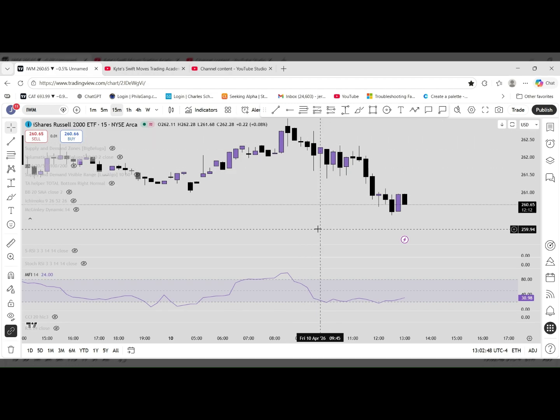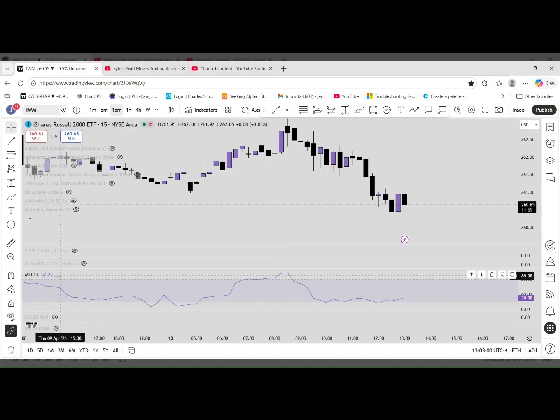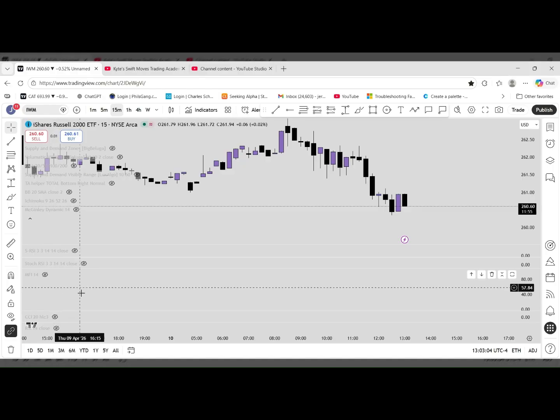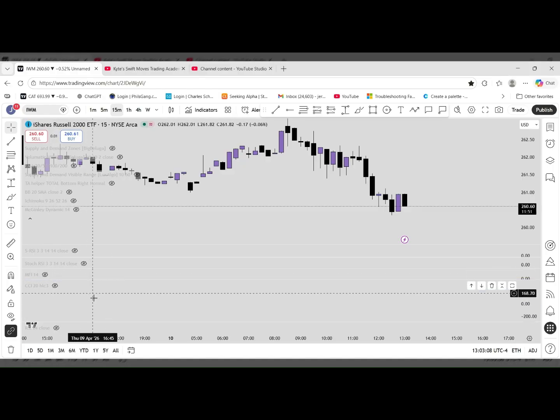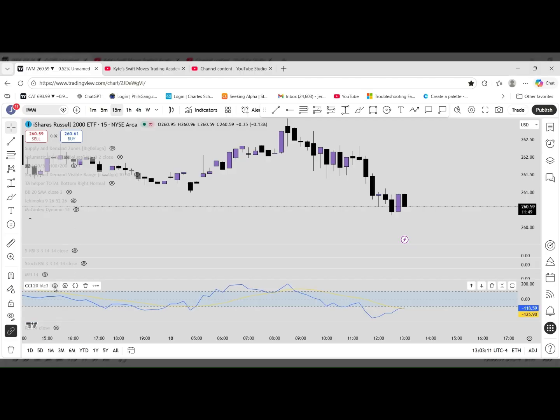Again, you get confirmation. You're going to learn, and we haven't gotten into it yet, but you're going to learn how to start deciphering these candlesticks and understanding what information they're telling you. But what's nice is you can use these indicators and these strategies to get confirmation on what you believe is happening.